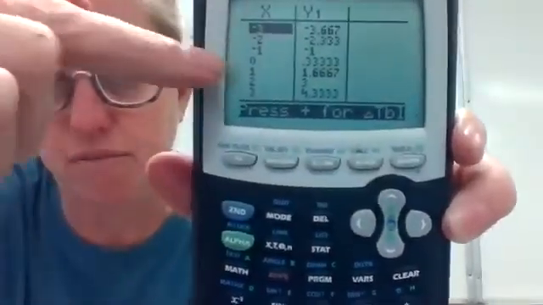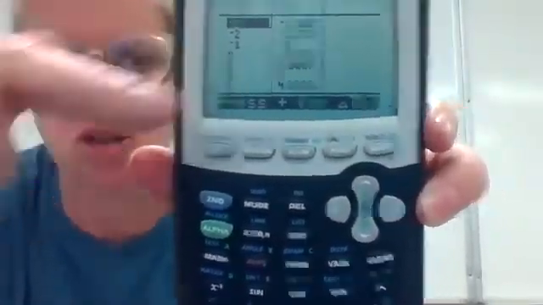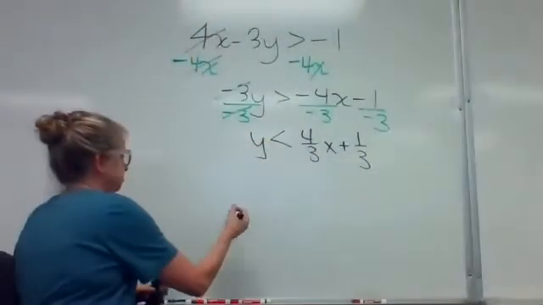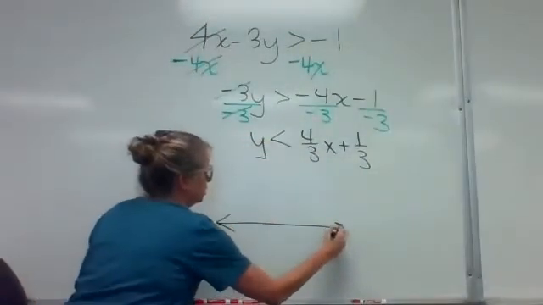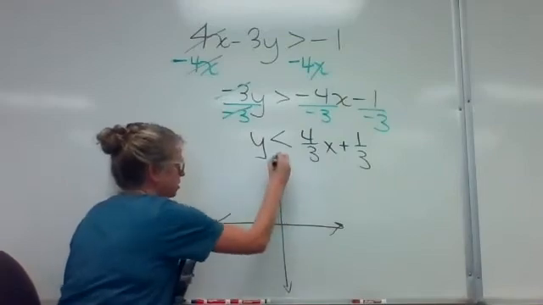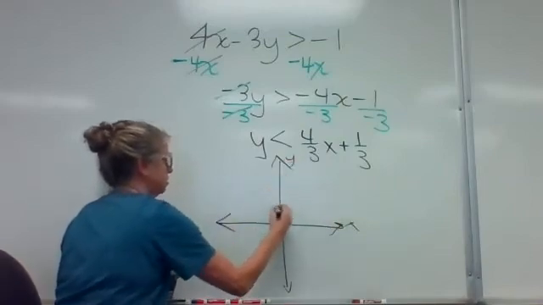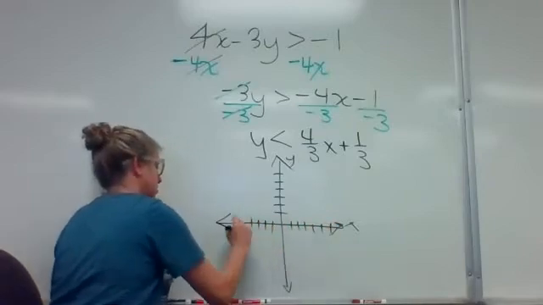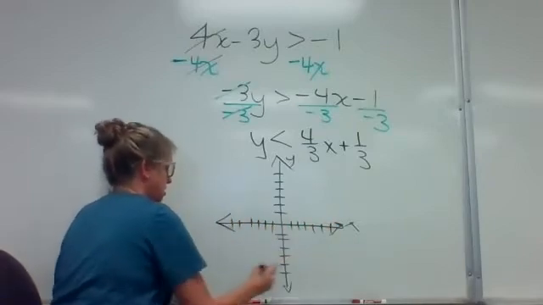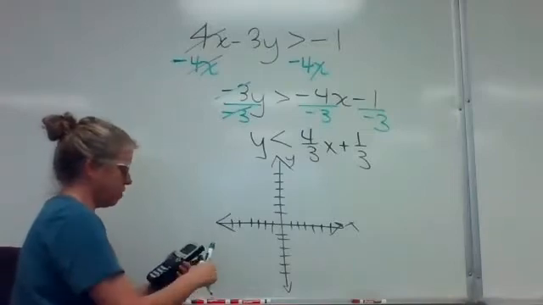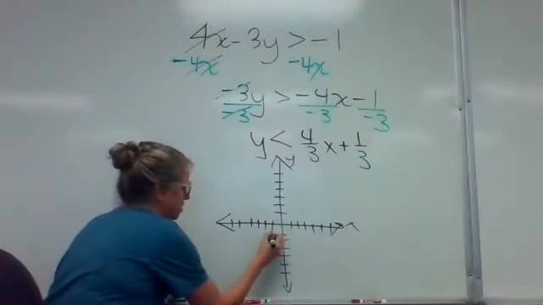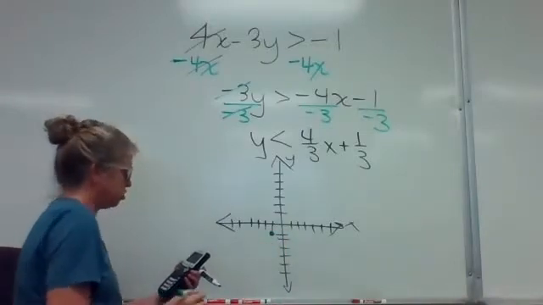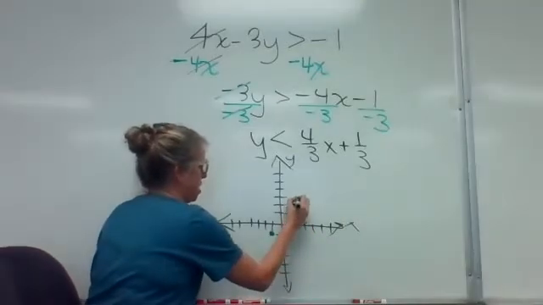I think I'll use that -1, -1, and that 2, 3. So -1 would be to the left 1 and down 1. 2, 3. So to the right 2, up 3.